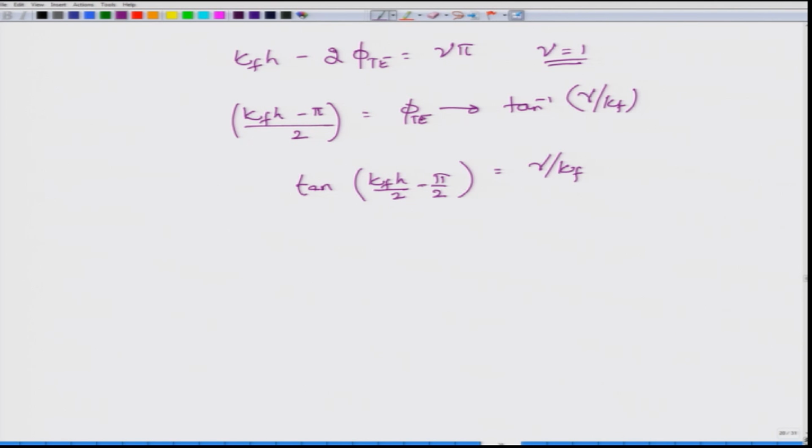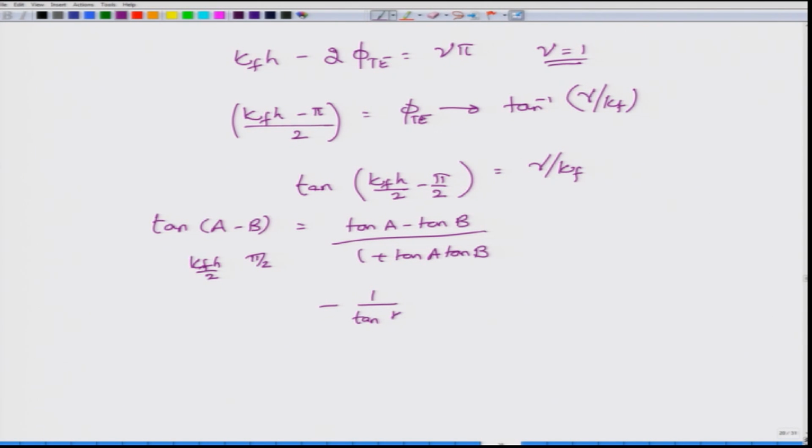Now, you can use the identity for tan of a minus b to simplify this expression. If you do not remember it, tan of a minus b is equal to tan a minus tan b divided by 1 plus tan a times tan b, with a equals kappa f h by 2 and b equals pi by 2. What you get here is minus 1 by tan of kappa f h by 2, which is equal to gamma by kappa f.